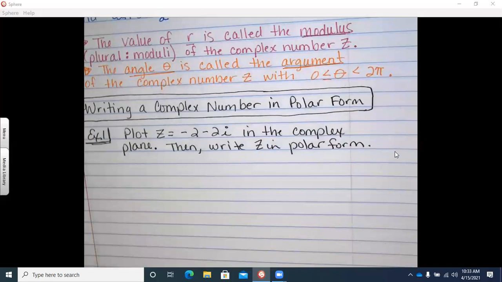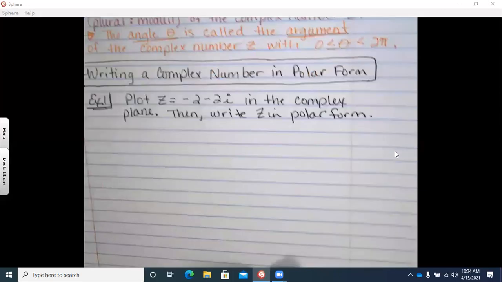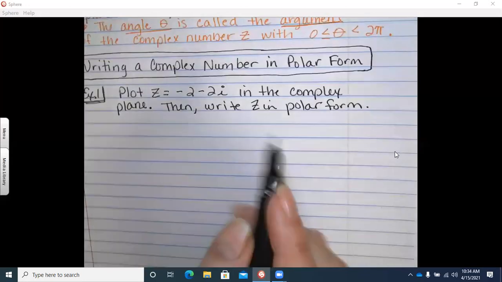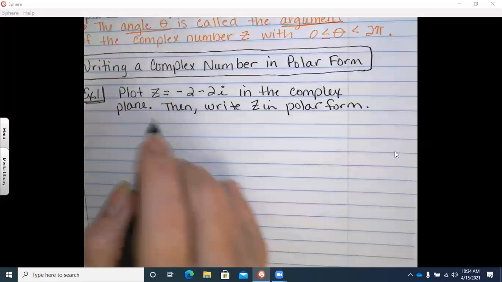All right, so what quadrant is that going to be in, by the way? Which quadrant? Quadrant 3, because your real part's negative and your imaginary part's negative, right?